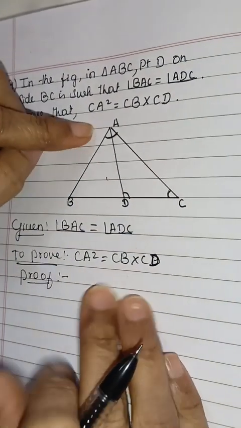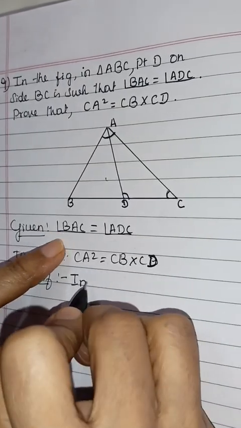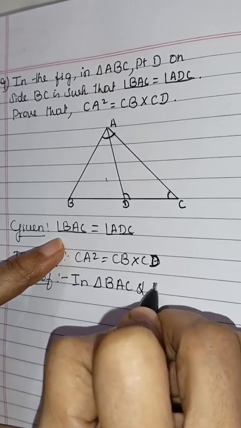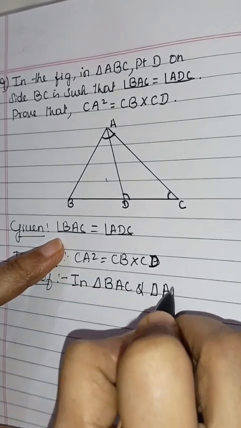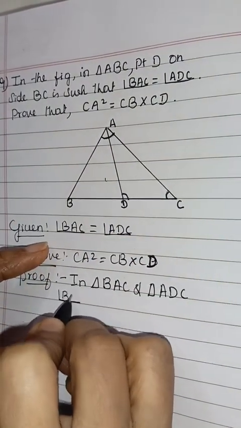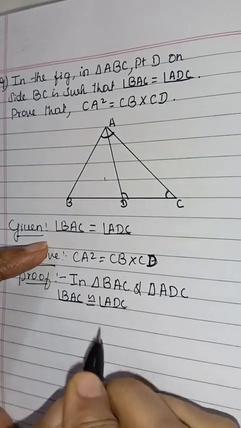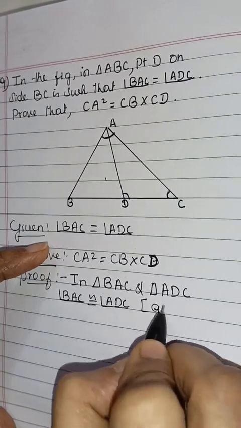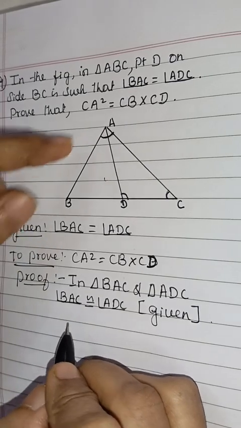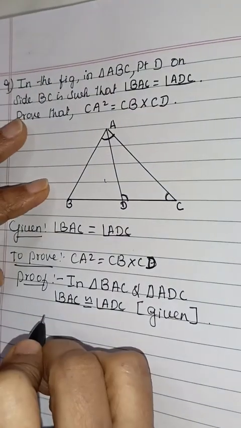We'll write the proof in this way. In triangle BAC and triangle ADC, angle BAC is congruent with angle ADC. This is given. And this is congruent with this angle. Now we have to prove another angle.